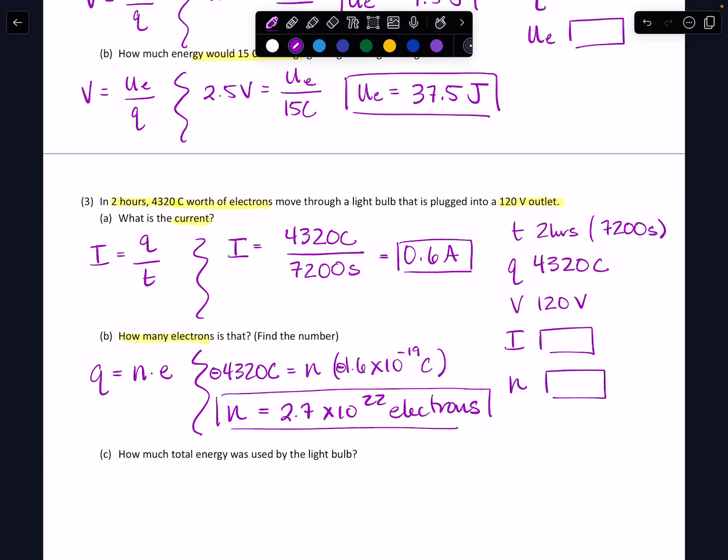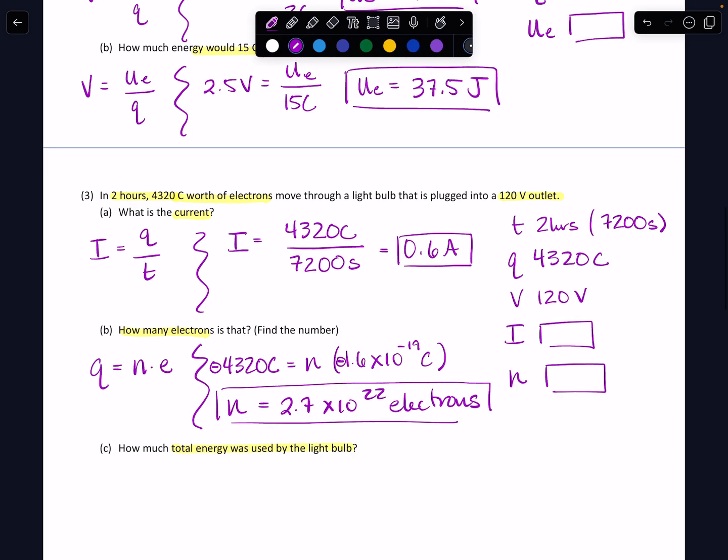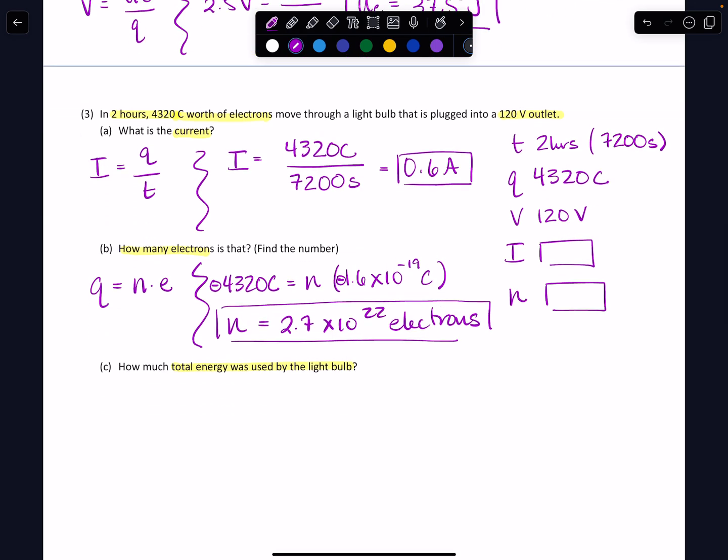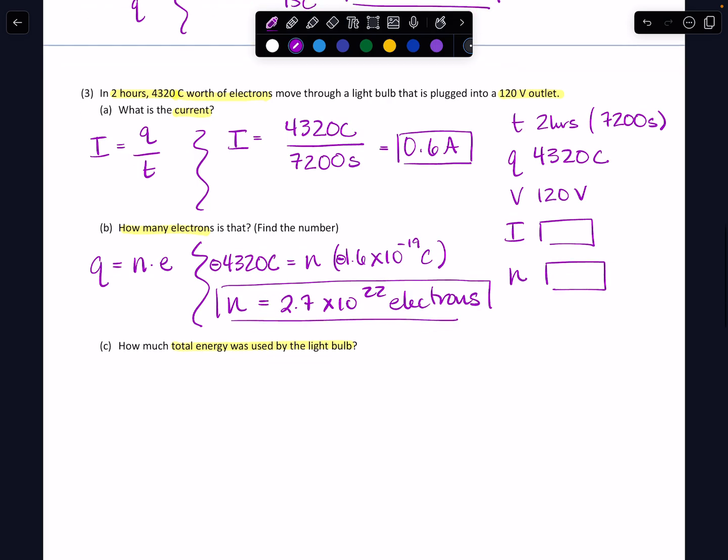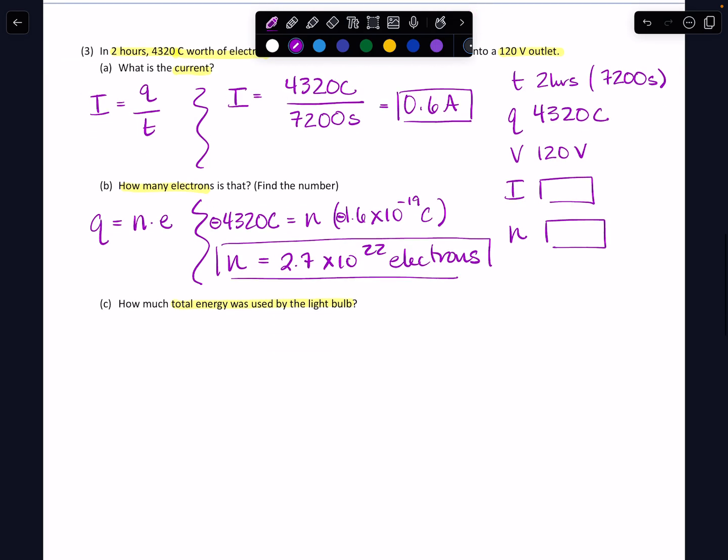All right, and then finally, how much total energy was used by the light bulb. So if I know the voltage and I know the charge that's moving, I can figure out what the energy requirement is. So I'm going to be looking for U sub E for this last part. And I know that the voltage is equal to that potential energy divided by that charge. So I have a 120 volt outlet.